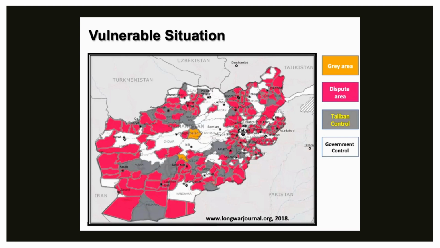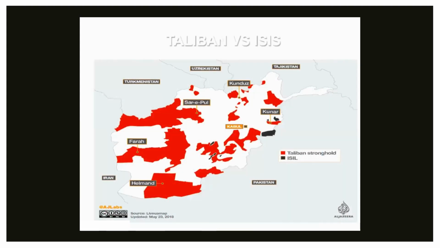Also, the gray area is controlled by the Taliban. We can see the map of Afghanistan. We can see the ISIS on the border with Pakistan. ISIS stays here in Kunar and Peshawar.